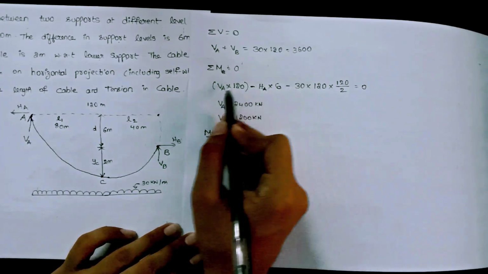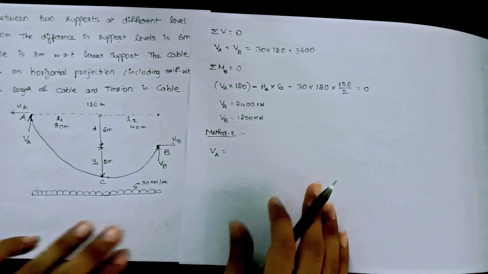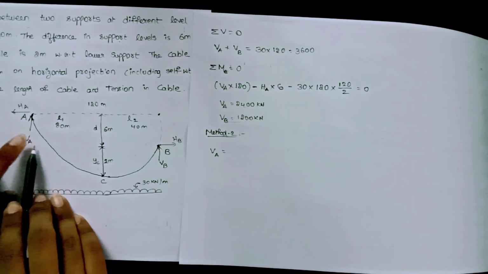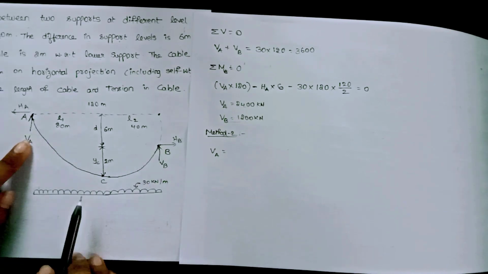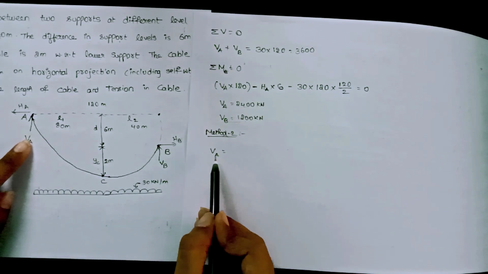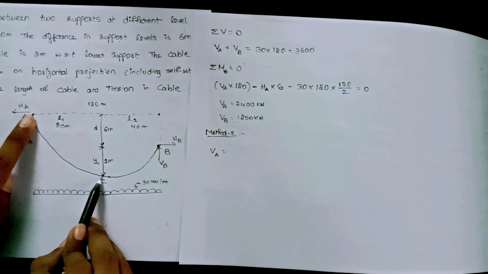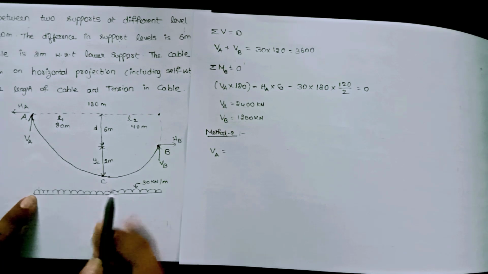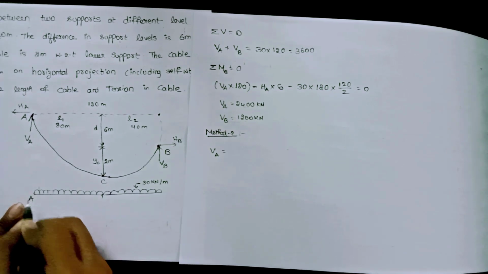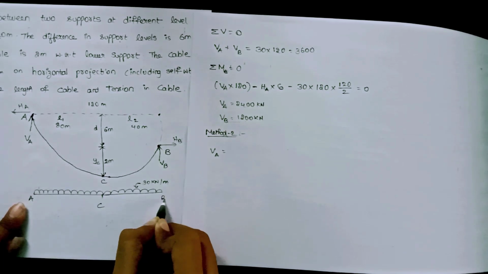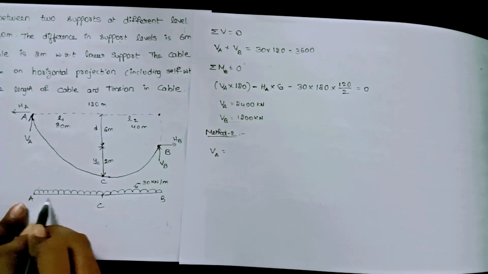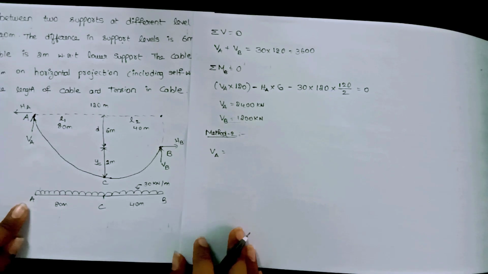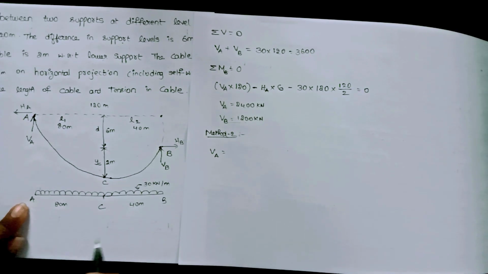So instead of taking these many moments, what I am saying in this method 2 is that if you want vertical reaction at A, since the supports are at different levels, the vertical reaction at A will be equal to total load between the span A and C. So this is A, this is C and this is B. This is 80 meters, this is 40 meters. This is the second method I am explaining.